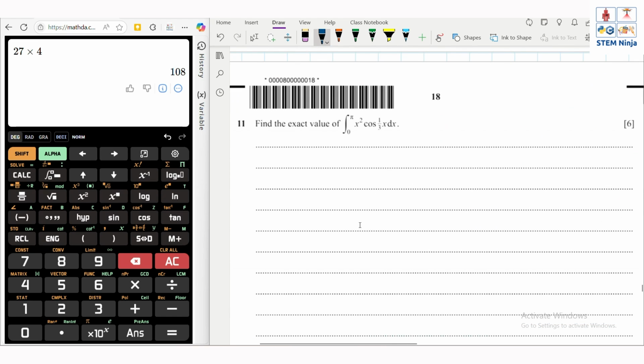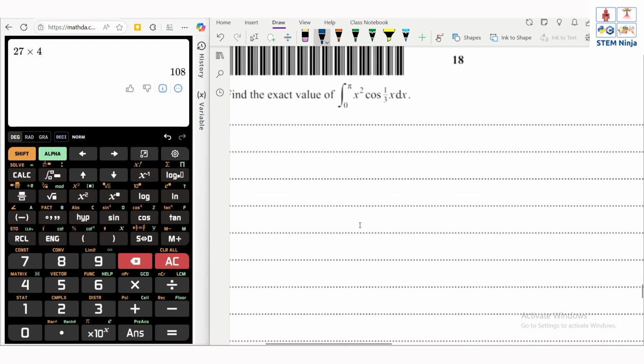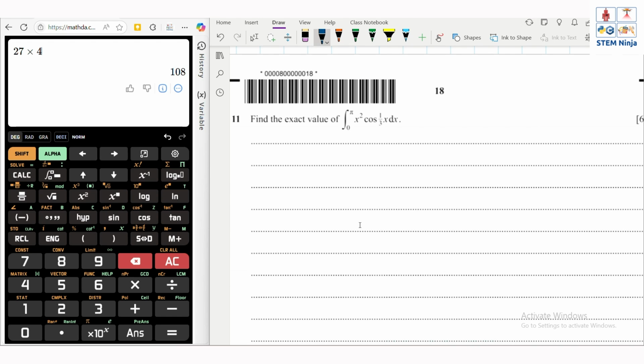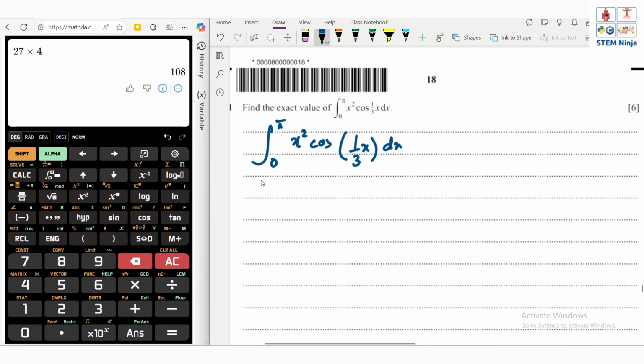Find the exact value of the integral from 0 to pi of x squared cos of 1/3 of x dx. So we have to do this integration by parts over here. We have this ILATE rule. Algebraic will come first because they can disappear.